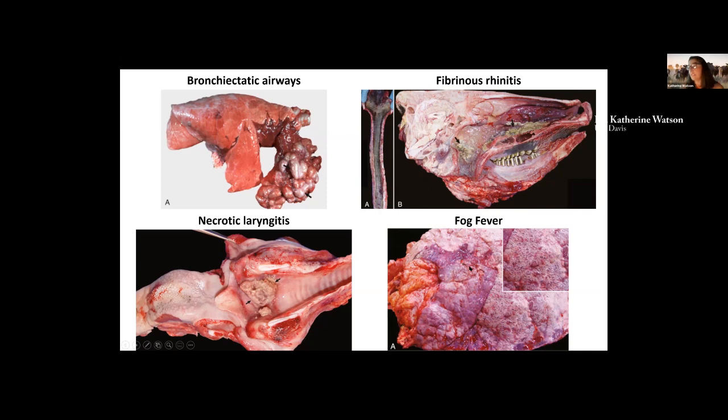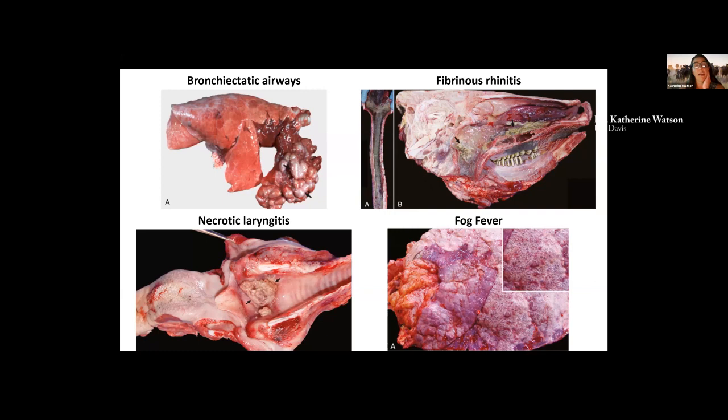All right, and then lastly, on our trip down bovine respiratory disease, this is one that is a toxicity. So fog fever, you might have heard about it before. This is when you have a cow that is moved from a pasture of dry grasses onto a really lush pasture.